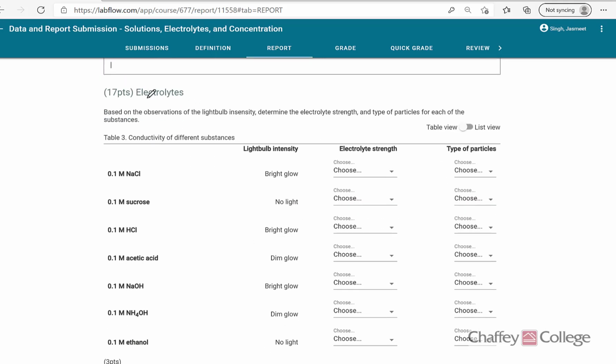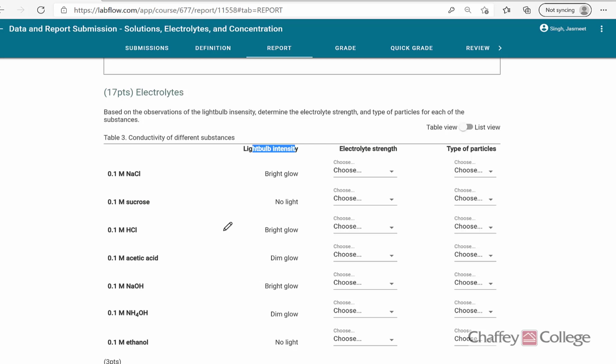In the second part, we need to select if a solution contains a non-electrolyte, strong electrolyte, or weak electrolyte. Remember, non-electrolytes do not conduct electricity, so there will be no light in the light bulb. A strong electrolyte will conduct a lot of electricity, meaning the bulb will glow extremely bright, and a weak electrolyte conducts less electricity, so the bulb will not glow that much.